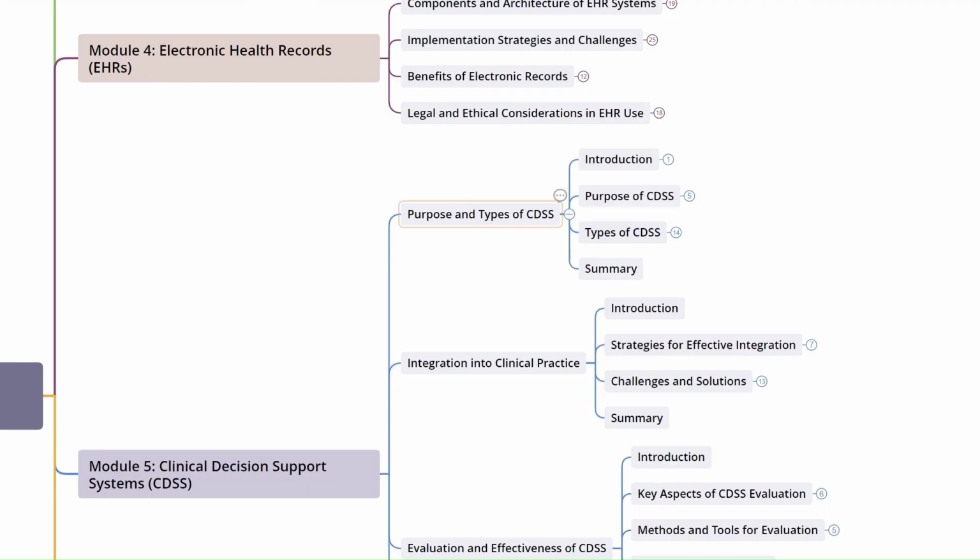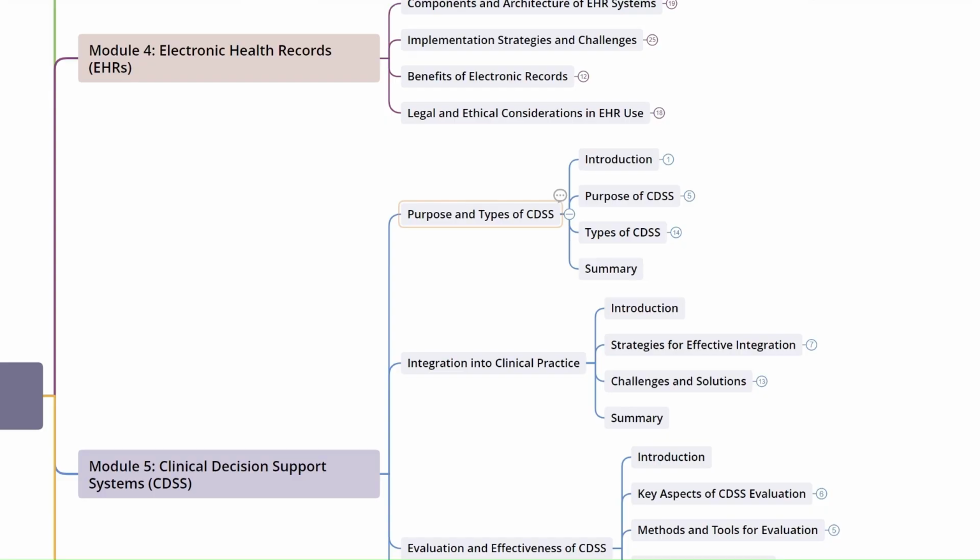This module starts by emphasizing the purpose and types of CDSS, exploring how these systems are tailored to meet diverse clinical needs. The primary aim of CDSS is to improve safety, accuracy, adherence to best practices, and overall care quality by providing timely, evidence based recommendations, alerts, and reminders.